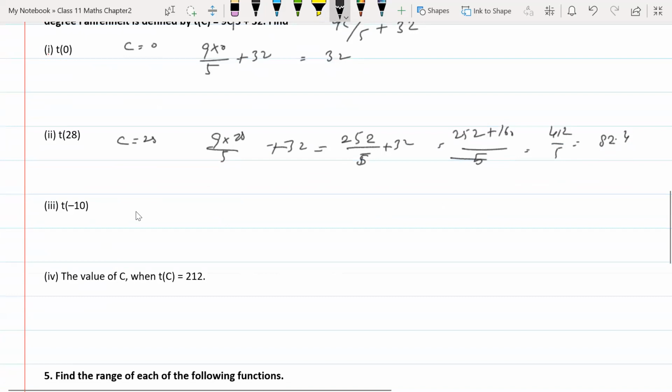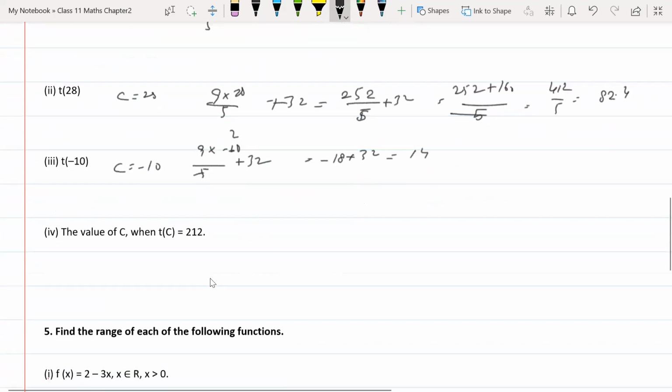And again for t is minus 10. If C is minus 10, then 9 into minus 10 divided by 5 plus 32 is minus 18 plus 32, and it comes out to be 14.